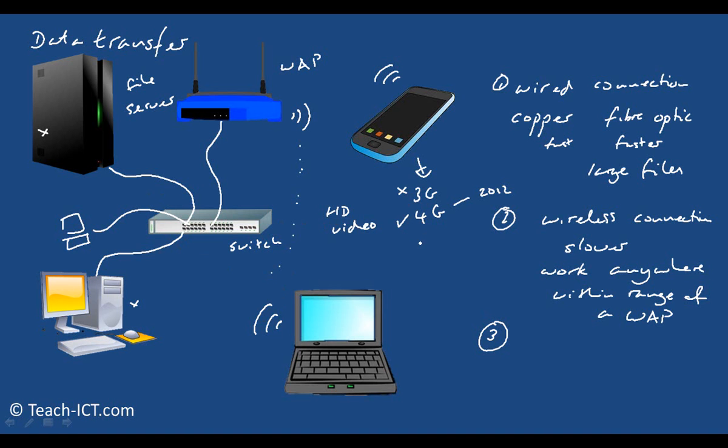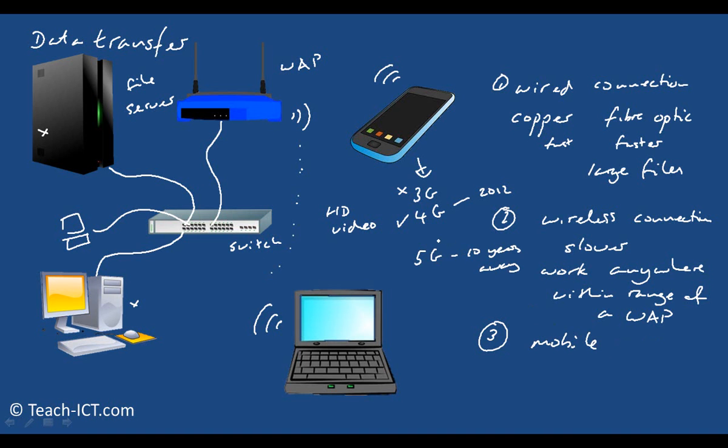So it does beg the question, when the 4G network is established, and indeed there are scientists at the moment already working on the 5G connection, it's probably about 10 years away. And I'll put mobile down here for point number 3.